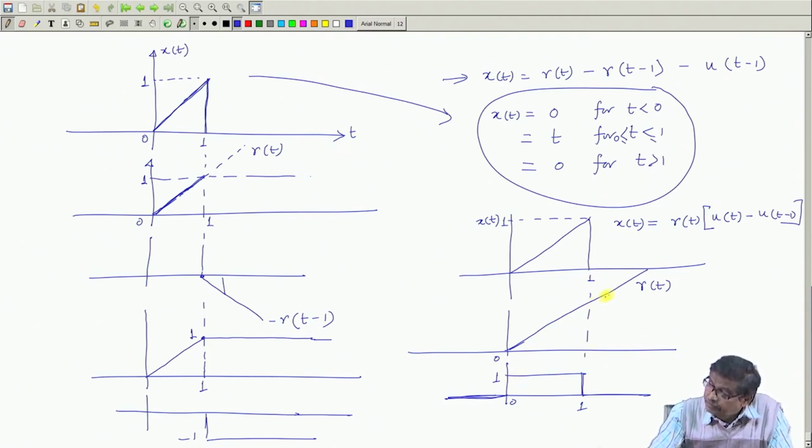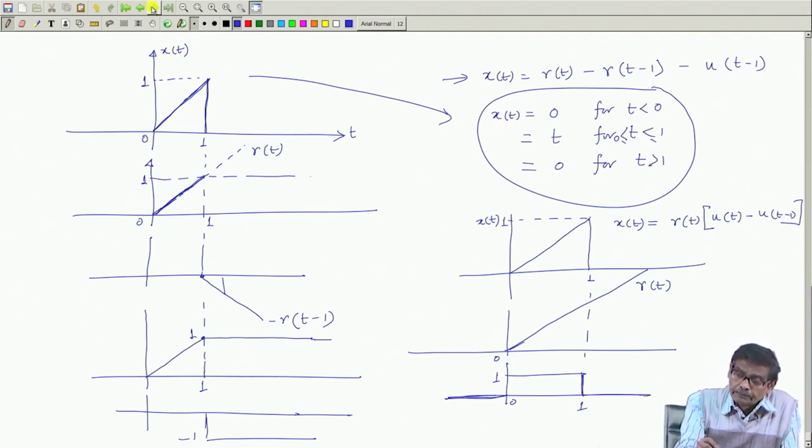After that t is present, no doubt, but you are multiplying with this function which is 0 here, u(t minus 1). So, there are several nice ways of expressing functions in terms of some basic functions. You can represent some standard waveforms like square pulse, triangular pulse, trapezoidal pulse, and so on. So, we can do exercise on that.